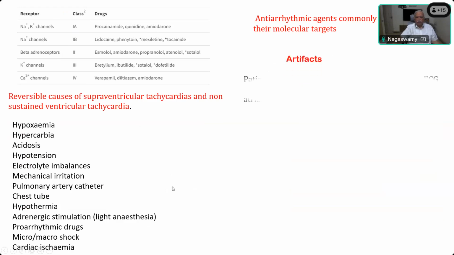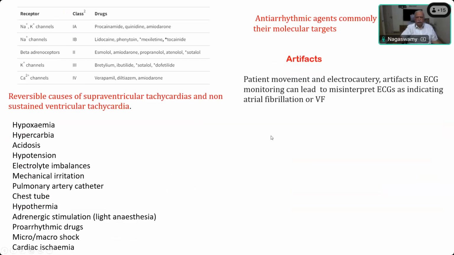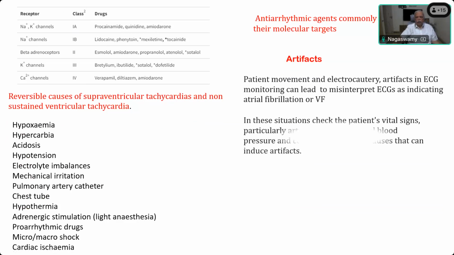And there can be artifacts which can mimic arrhythmias. These are important practical things that you should remember, and they may be misinterpreted as atrial fibrillation or ventricular fibrillation. And how do you differentiate that? You check the patient's vital signs, particularly arterial pulse and arterial blood pressure.